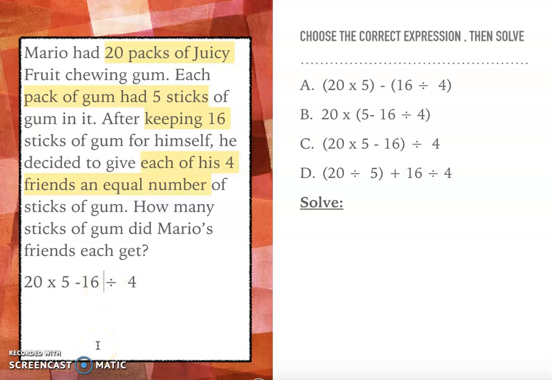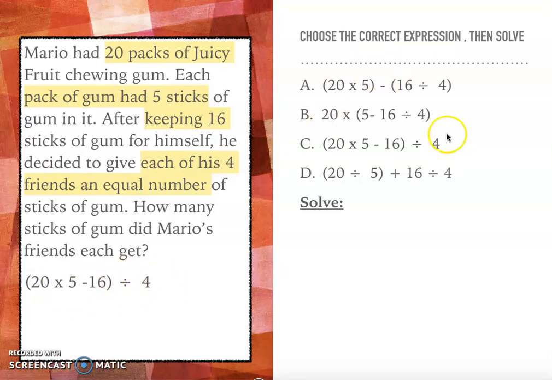But I cannot leave this like this. I have to add parentheses or brackets in this part because I need to find this number first in order to know what number I am dividing by 4.